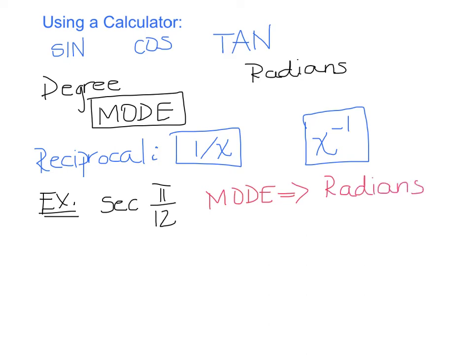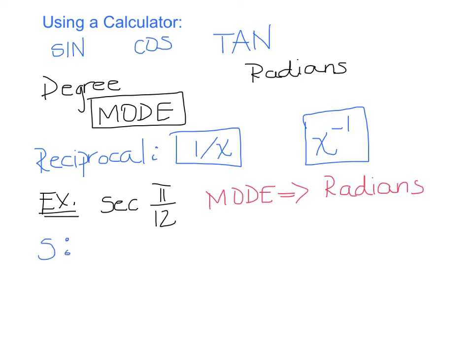Now, if it's a scientific calculator, you're going to actually see the word RAD on the bottom of the screen. But if it's a graphing calculator, you're going to have to actually go to second mode and make sure that radian is highlighted. And so what you're going to do, if it's a, I'm just going to put S for scientific calculator.